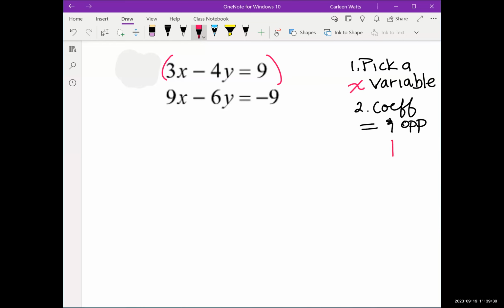I want to have a negative 9x and a positive 9x, right? That's going to make them cancel. So I have a positive 9x. I'm going to multiply the top equation by -3. That's going to give me the -9x.